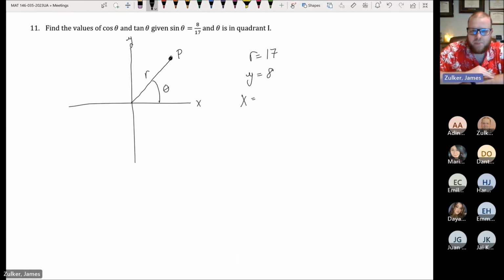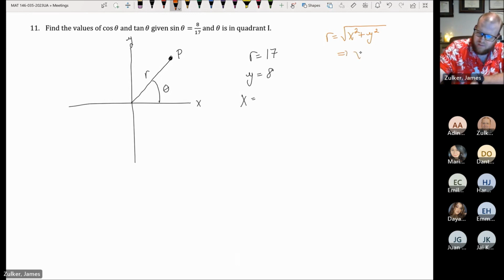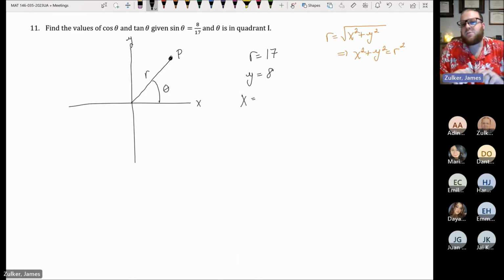Well, we're in quadrant 1, so x has to be positive. Since r is the square root of x squared plus y squared, we know that x squared plus y squared has to be r squared.